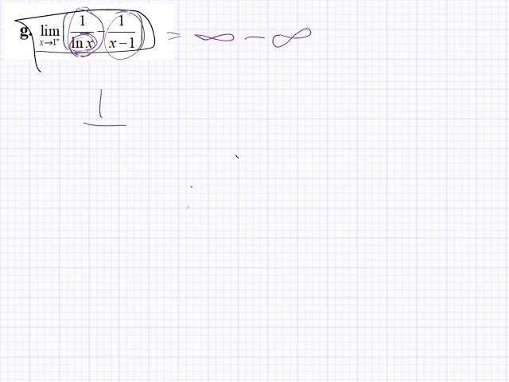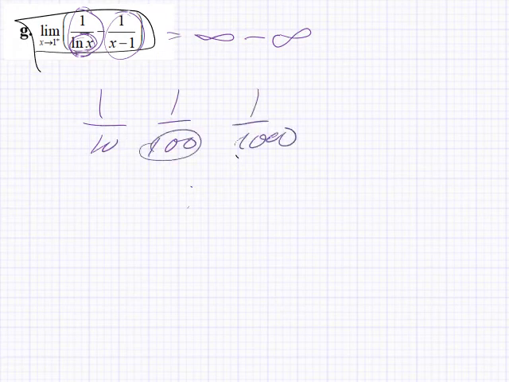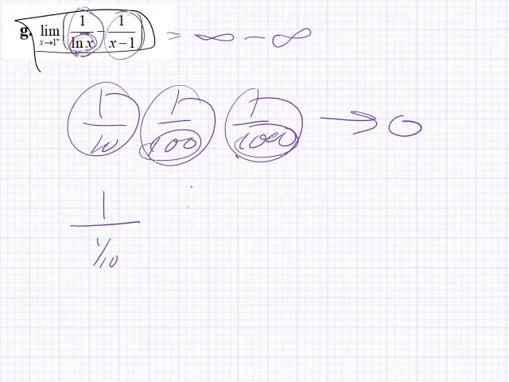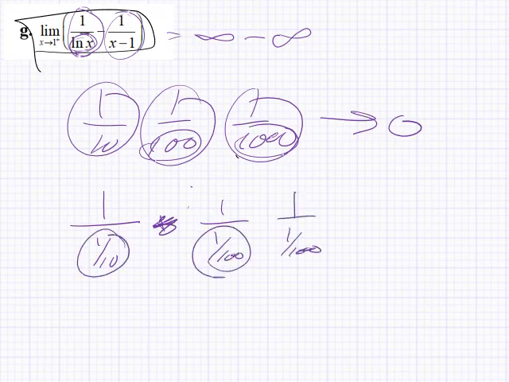Now this is important. You know, this behavior of fractions, you got to keep learning this. Think about these fractions, 1 over 10, 1 over 100, 1 over 1,000. As the denominator gets bigger, the whole fraction itself is getting closer and closer to 0, as opposed to 1 over 1/10, 1 over 1/100, 1 over 1/1,000.